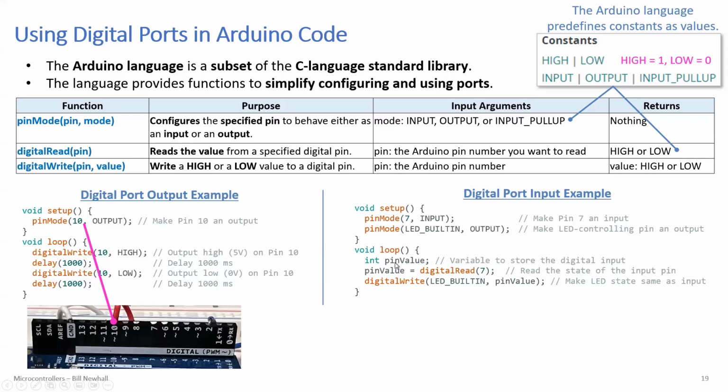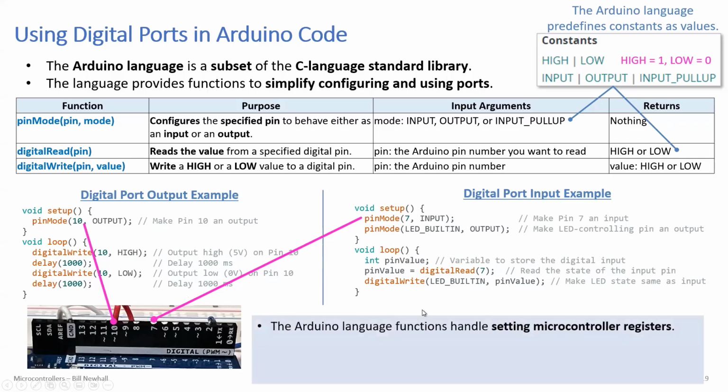Here I declare a variable to read the pin value. Let's read pin 7, because pin 7 is set up as an input. Let's read that state, and then let's make the LED state equal to the pin value. That's just an example of input, or reading, and writing again. If you applied a voltage to pin 7, then 0 volts or 5 volts, in this case for 5-volt logic, you would be reading that pin.